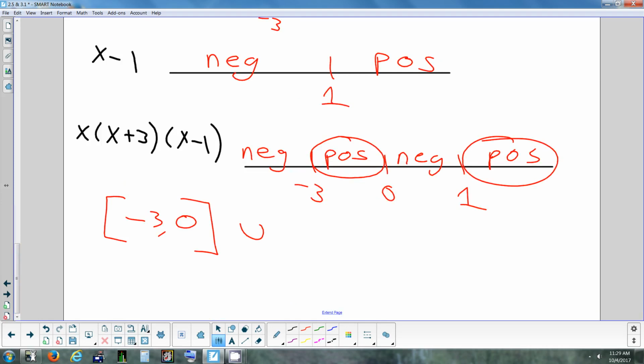Or there's one other place we have answers to. Can anyone give me the second positive interval? Gabby? Well, that interval is from what to what? 0 to 1, not the negative. We're just going with the circled ones as the answers. So forget about these.